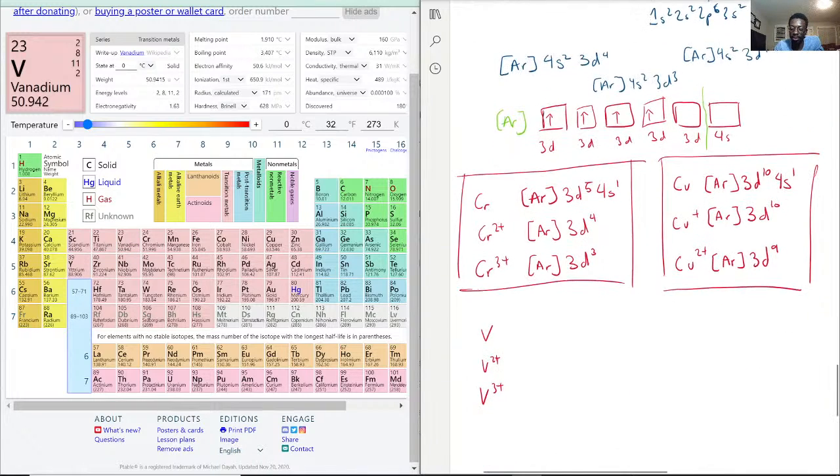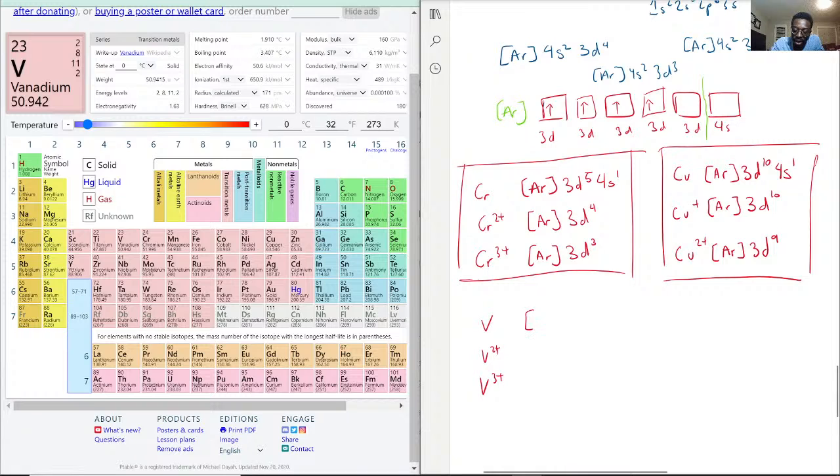Let me see. Yep, I'm going to go out on a limb and say that we have still the argon, but it wants to stay with the same electron. So if we have 3 here and 4s2, as I mentioned, that's extremely greedy, so both of these actually would have to leave. So it just kind of balances out the third subshell, kicking those two out. Give me a second.